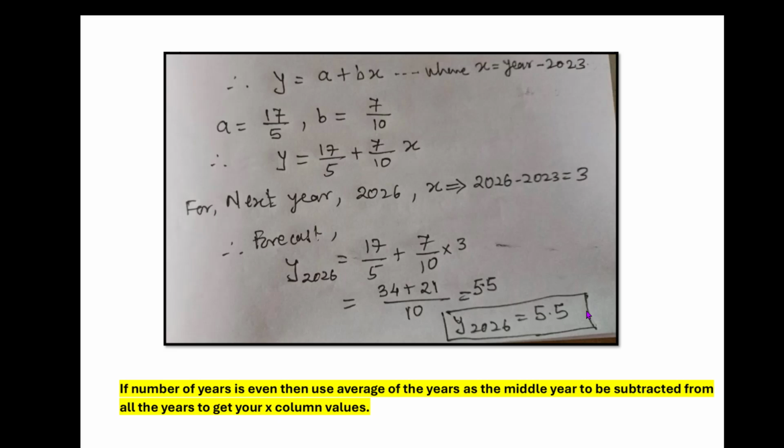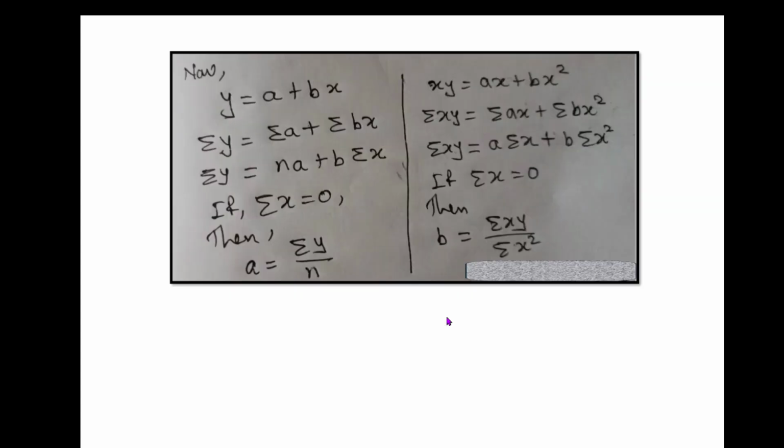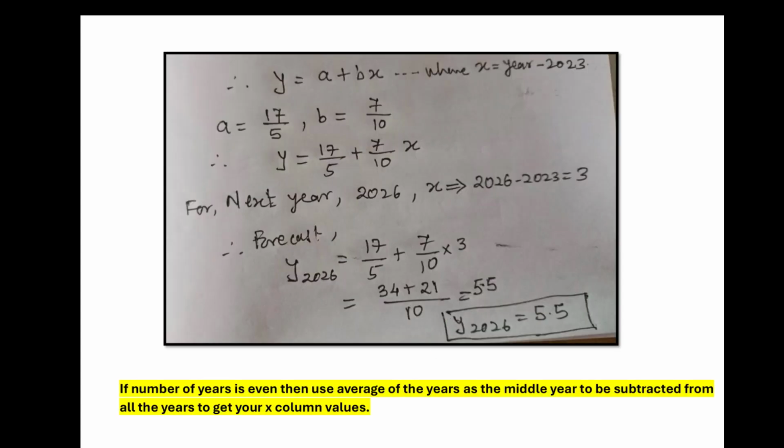And suppose you have an even number of years. Here we had 5 years, so it was the middle value which we subtracted to get these values. But if you have an even number of years, then use the average of the years.